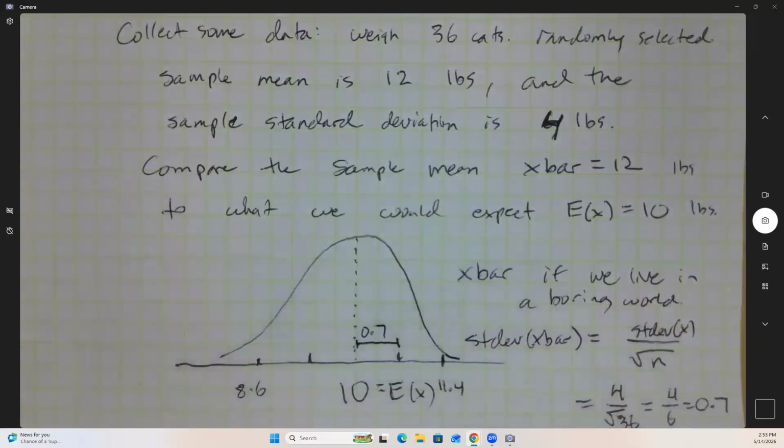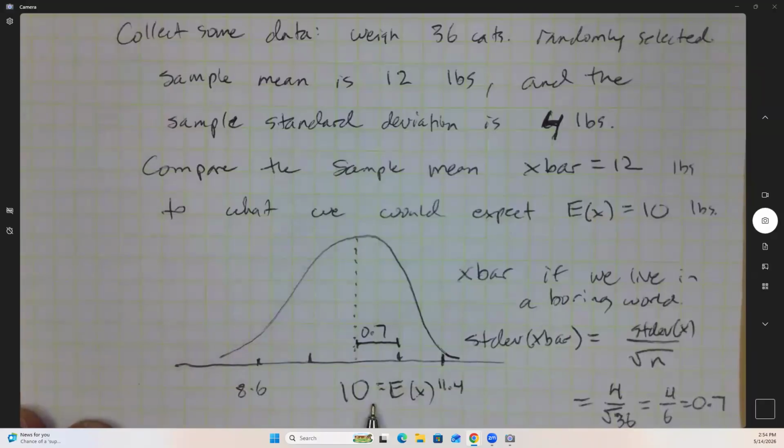What that means is in a boring world, we would expect almost all of our samples to have an average between 8.6 and 11.4 pounds. We wouldn't expect them to be exactly 10, but we'd expect almost all of them to be within a pound and a half about of 10.